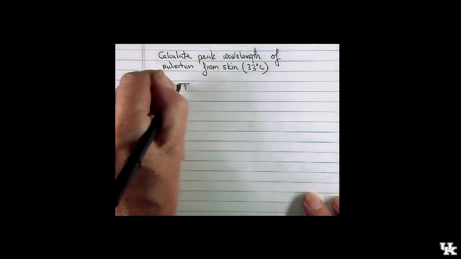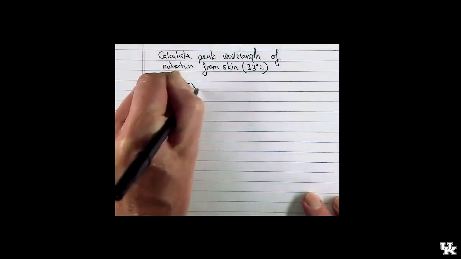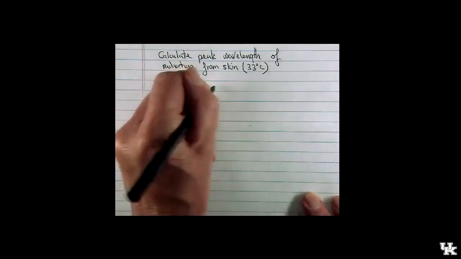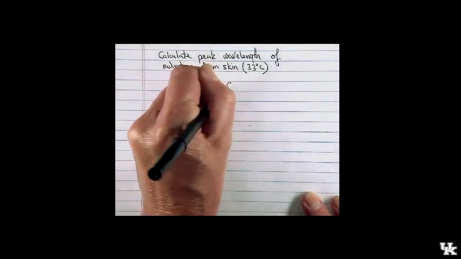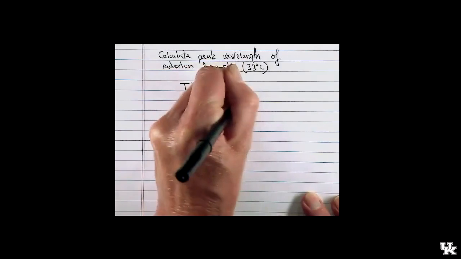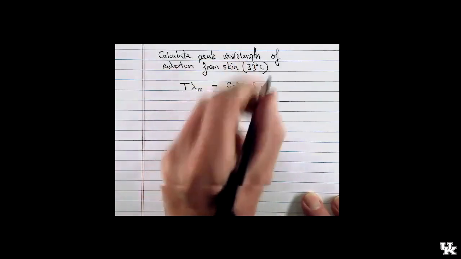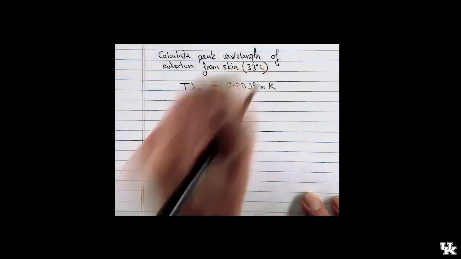So Wien's law says that the product of the temperature and the peak wavelength is equal to a constant. And the constant, if I remember it, was 0.0029 meters Kelvin.